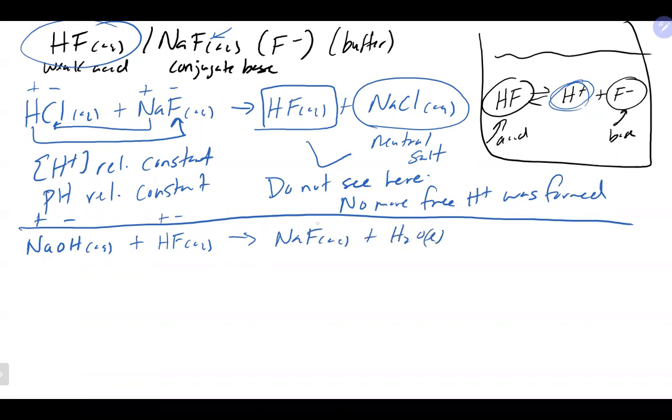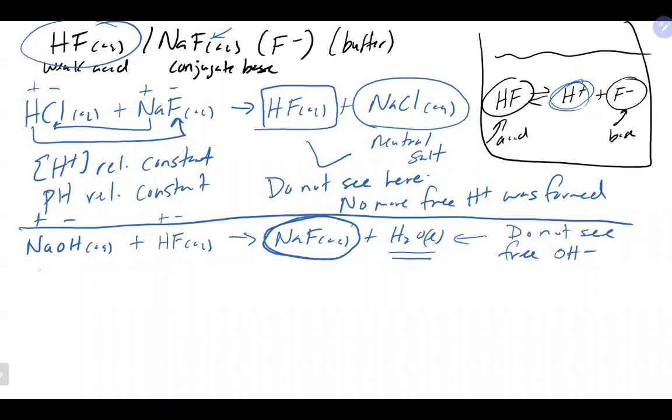So once again, we actually create part of the buffer by using this reaction. That's not going to affect the pH. We are also making water here, which will not affect the pH. It is once again what we do not see here, which is we do not see any free OH minus like we saw when we added it to water.